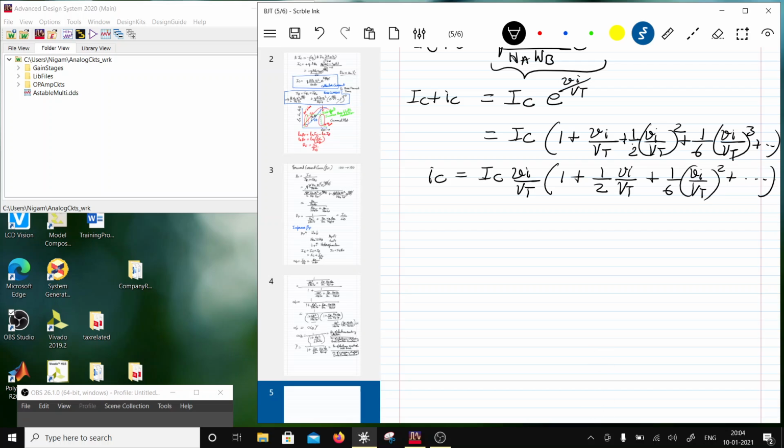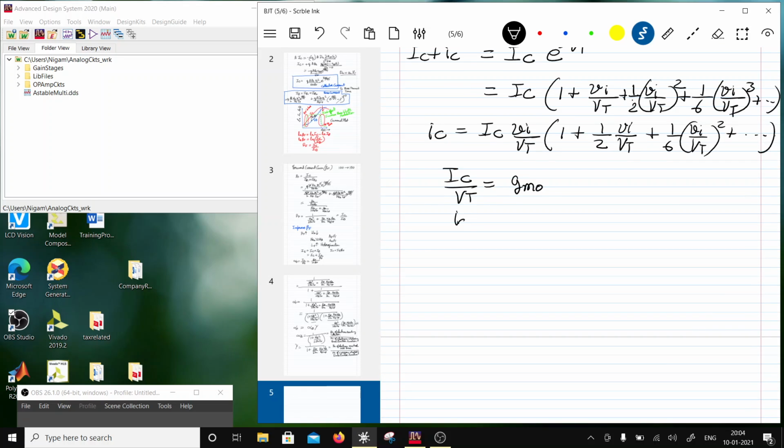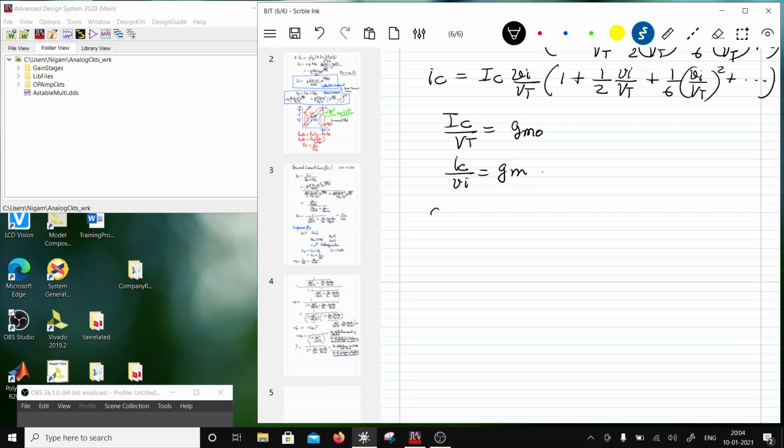Now IC over VT is equal to GM0, which we will derive later on also, and ic over Vi is going to be equal to GM. So that means that GM would be equal to GM0.